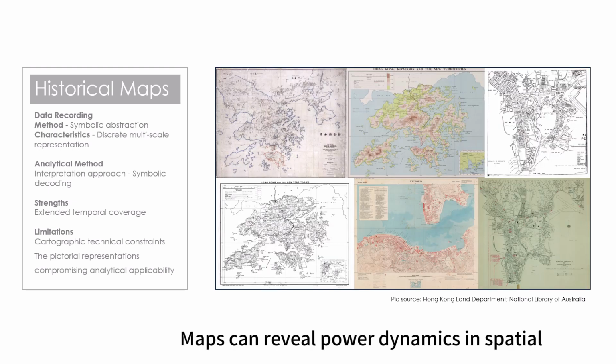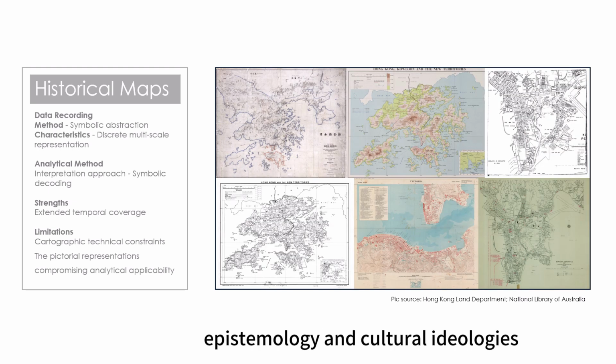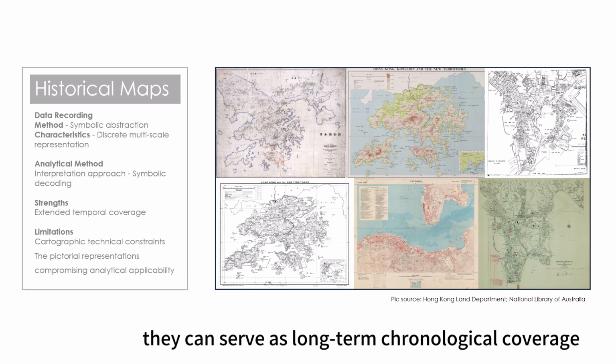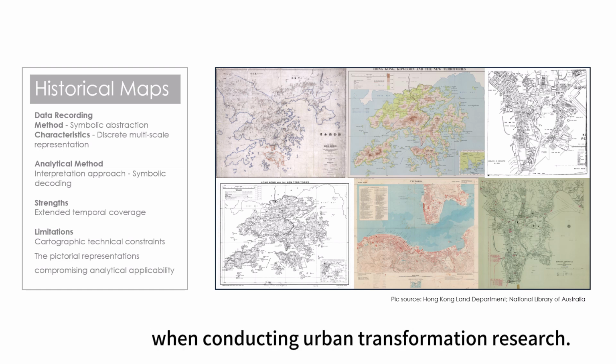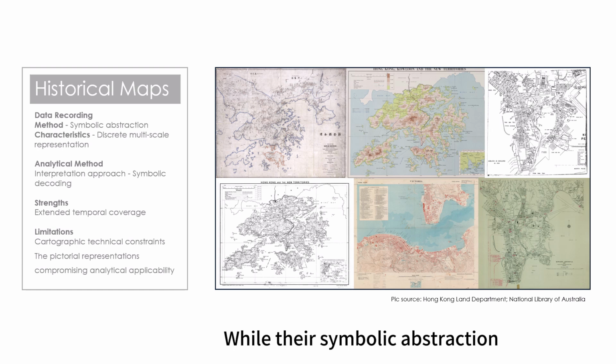Maps can reveal power dynamics in spatial epistemology and cultural ideologies. They can serve as long-term chronological coverage, complementing visual archives when conducting urban transformation research, while their symbolic abstraction limits quantitative analysis, and there are ontological biases depending on the cartographers and mapping agencies.